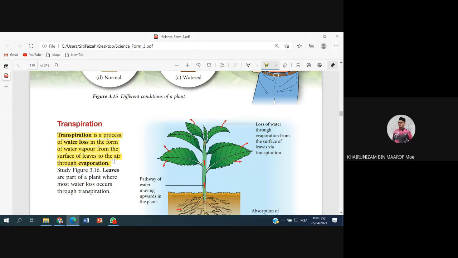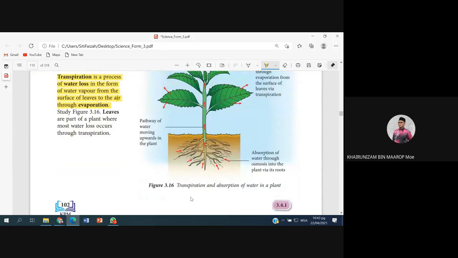Or in other words, we can say transpiration is the process of water loss in the form of water vapor from leaf to environment. So that's the meaning of transpiration.